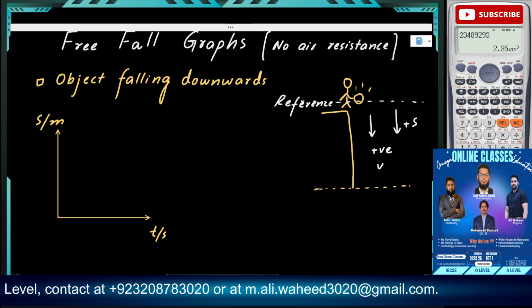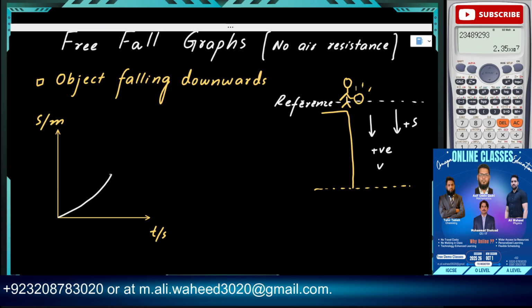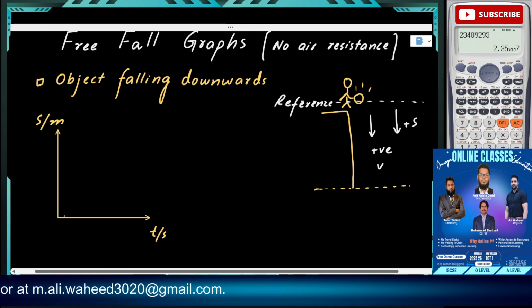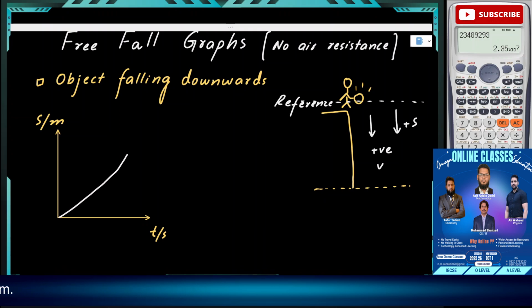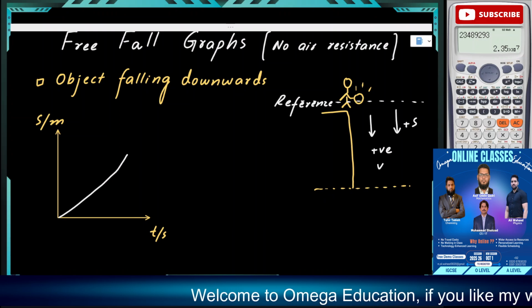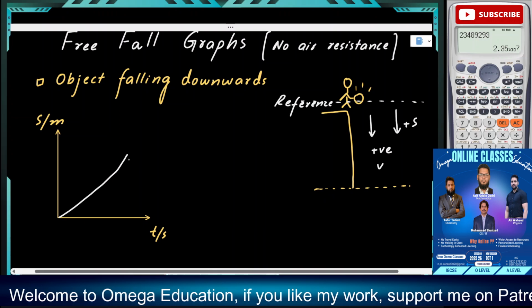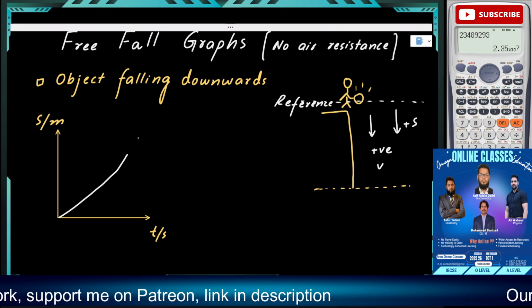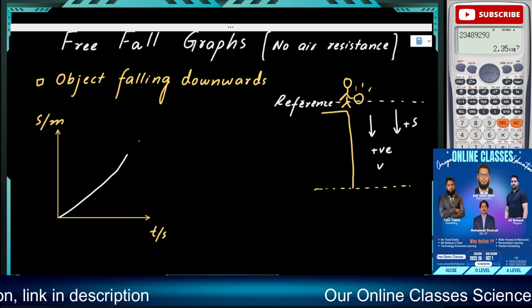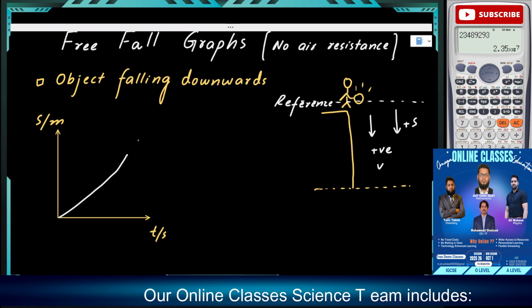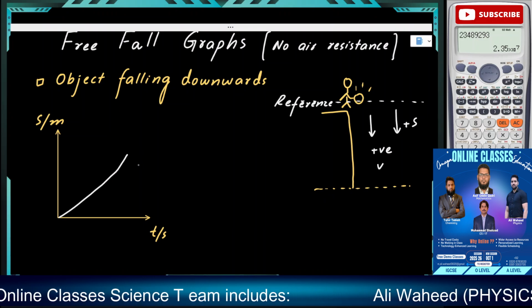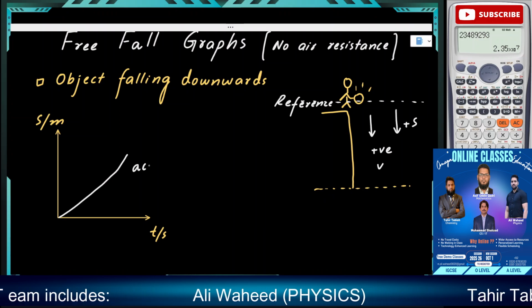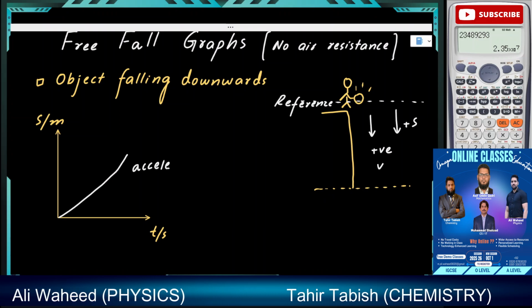Well, the displacement time graph will look something like this. Which, if you could remember, is the graph for the accelerating body. And the body does accelerate, the object does accelerate, it speeds up due to the influence of gravity.